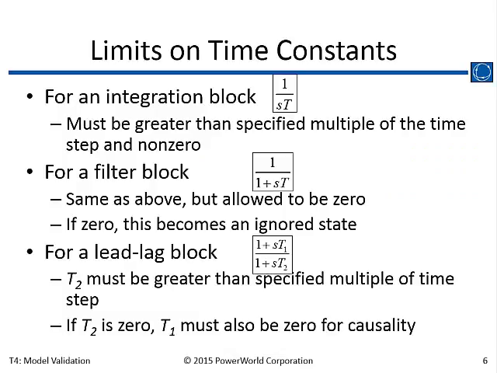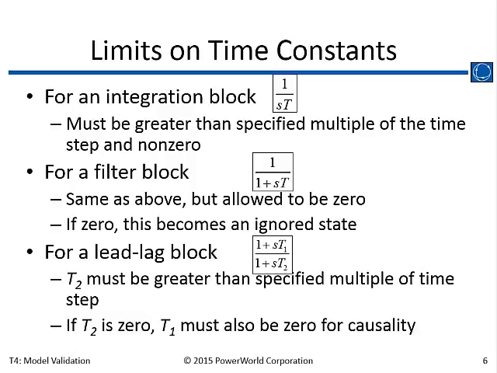So why might there be some issues here? Limits on time constants. This here, if you're not familiar with block diagrams, and like I said, I wasn't really familiar with them before I got into this, is just saying the input coming into this block is integrated with a 1 over T multiplier on the integration.